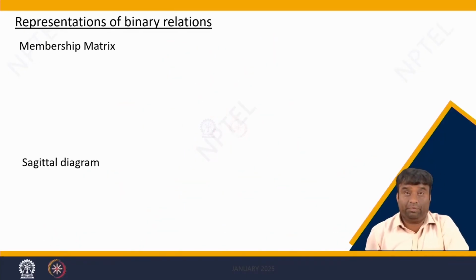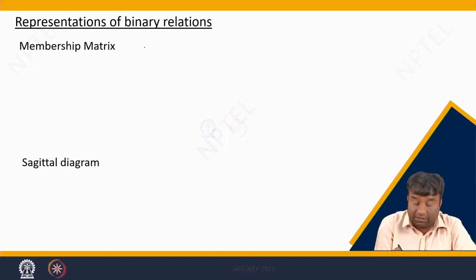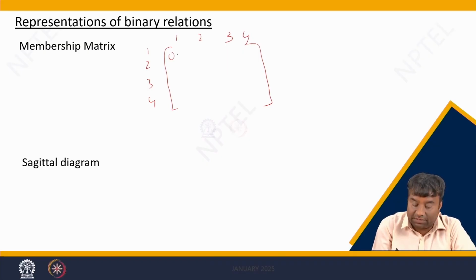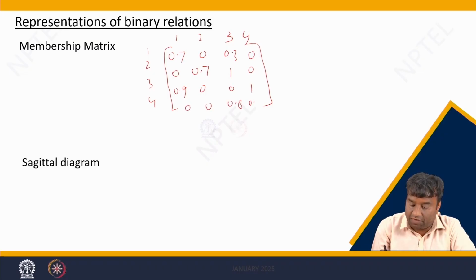Now consider a binary fuzzy relation on the elements 1, 2, 3, 4. In the rows and the columns we write 1, 2, 3, 4. The relation values are 0.7, 0, 0.3, 0; 0, 0.7, 1, 0; 0.9, 0, 0, 1; 0, 0, 0.8, 0.5.